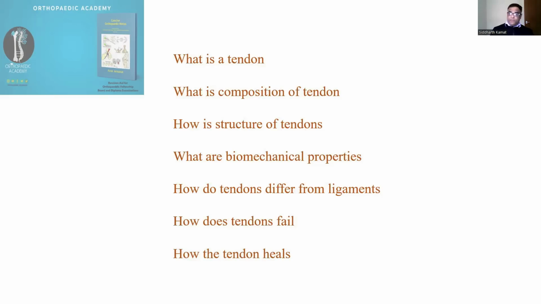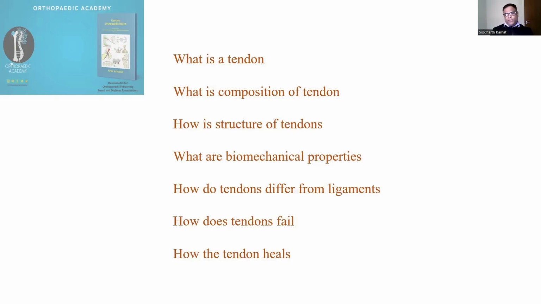Tendon heals if properly opposed, through various stages, like the stage of inflammation, which starts with hematoma formation and lasts around 7 days, and the stage of granulation or proliferation, in which the cells start depositing proteins and trying to heal. The collagen deposited at this stage is collagen 3, which gets replaced by collagen 1.